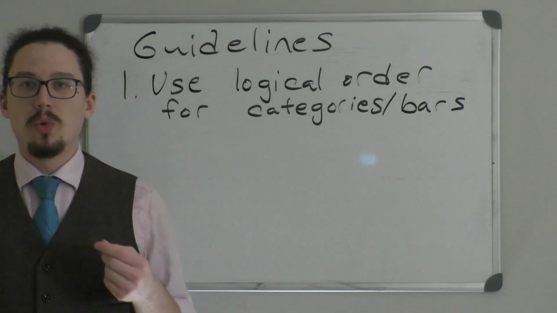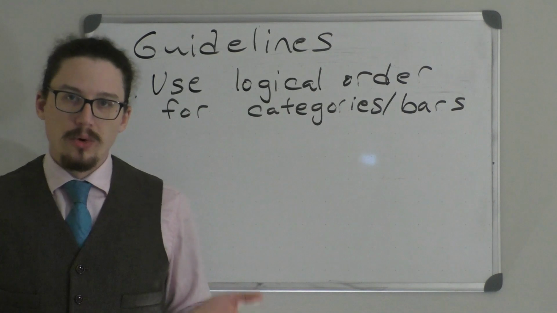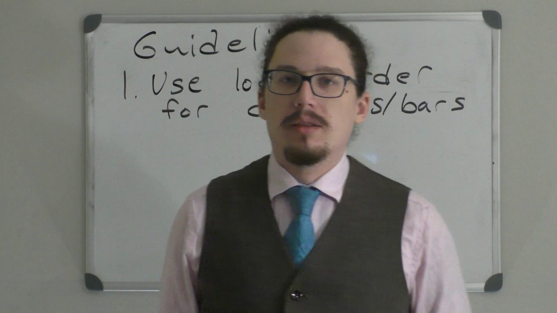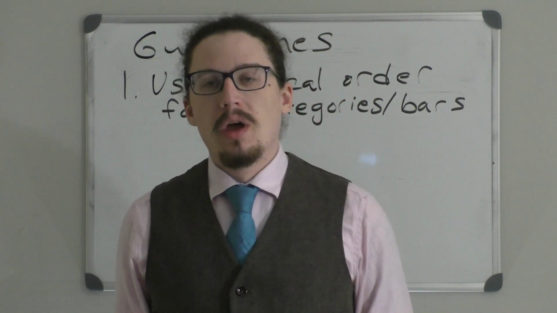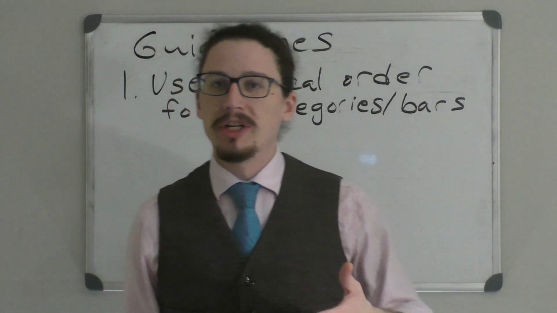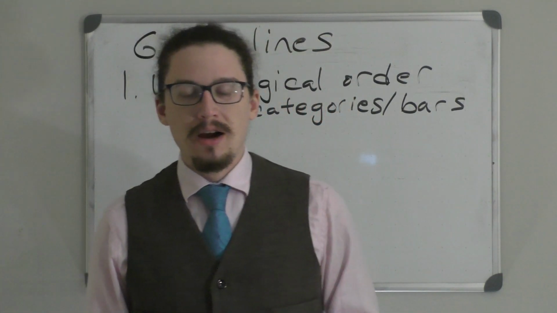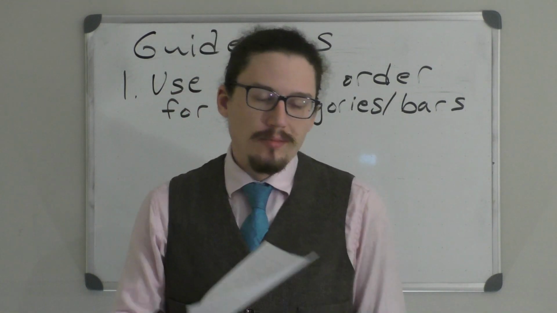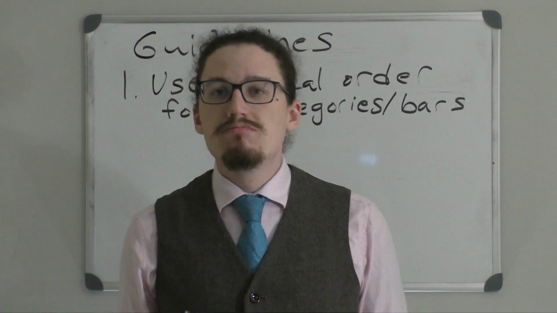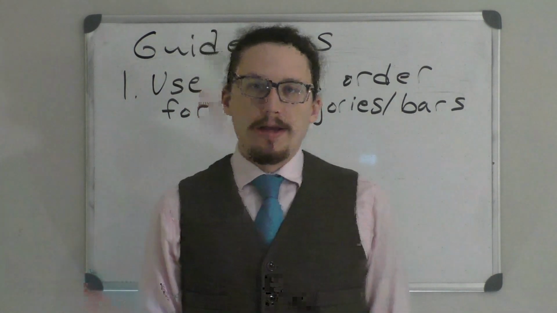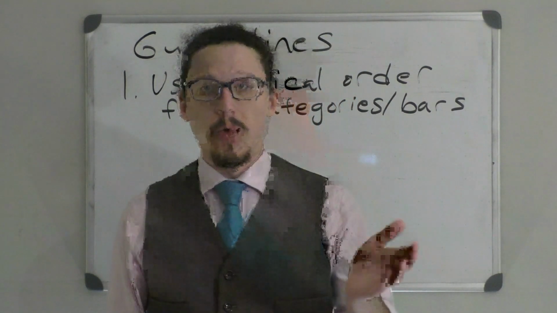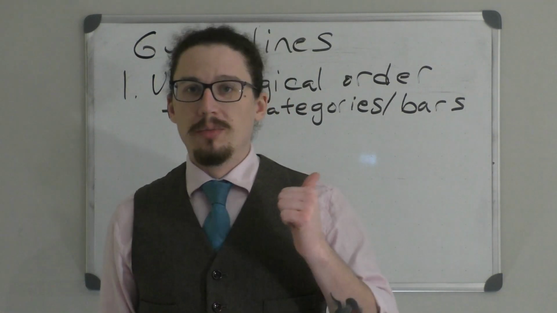All right, the first guideline is that we should use a logical order for the categories or bars. What do I mean by logical order? In some cases, our data will have a logical order, especially if we're dealing with ordinal data. There's going to be a way to order that stuff that makes sense. If we're dealing with nominal data, we aren't necessarily going to have that in the data itself, but there are still ways that we can order it logically.